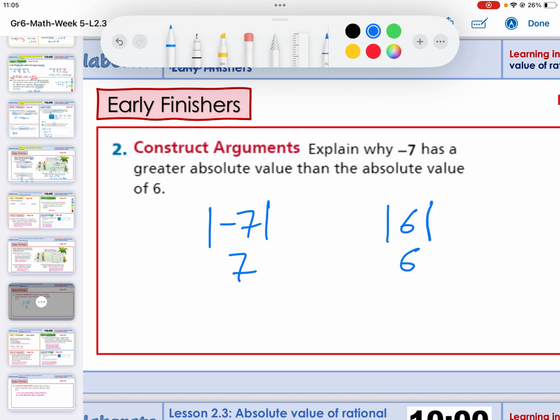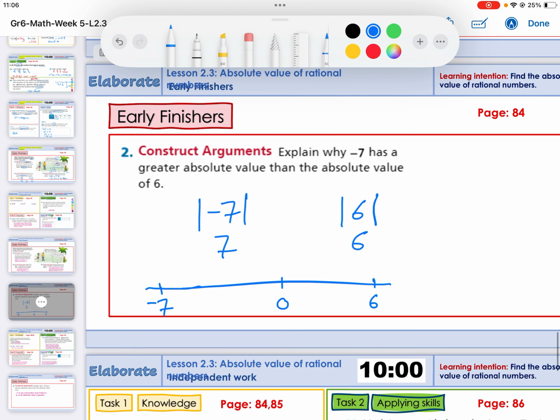So according to the number line, you got 0, here is 6 and here is negative 7. It is 1 unit extra away from 0. That's why it has the greatest absolute value. It's just 1 unit away from 0, more distance. Okay? So you need to express that in words.